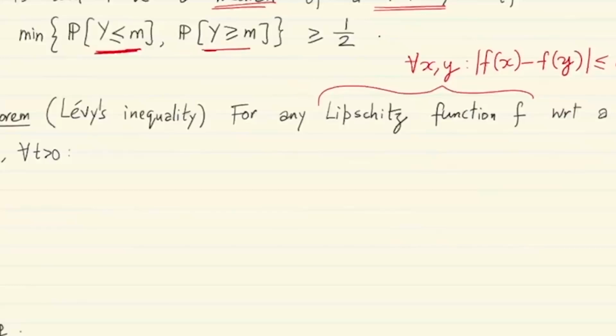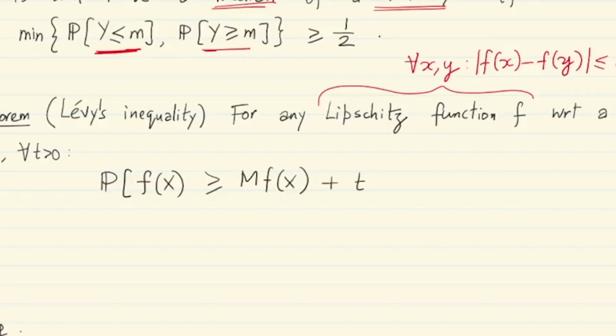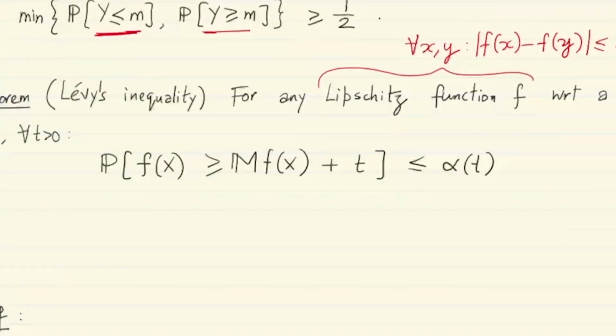So in fact, for any such Lipschitz function f on this metric probability space, for all positive t, we have these inequalities. The probability that f of x is larger than any median, M f of x, plus t is less than or equal to alpha of t. Let's write M f of x in boldface, just in analogy with expected value, even though this is not unique.